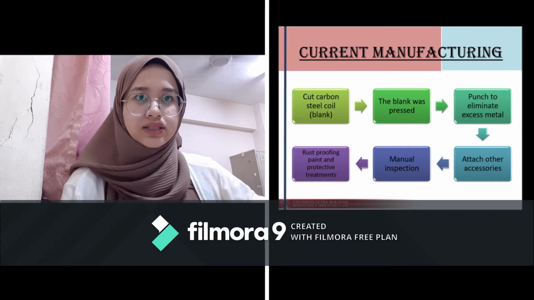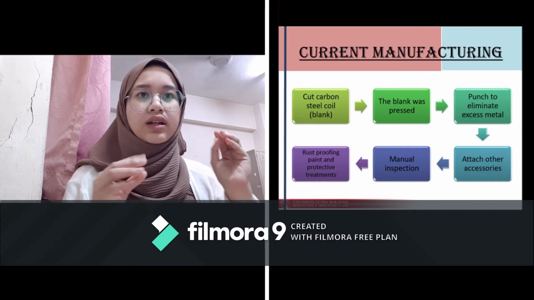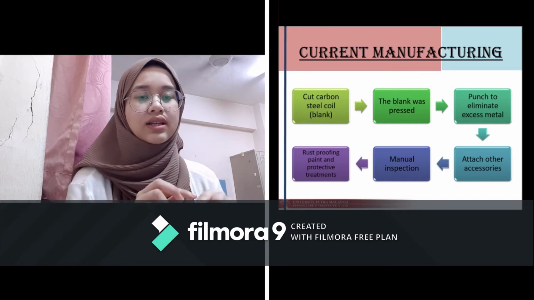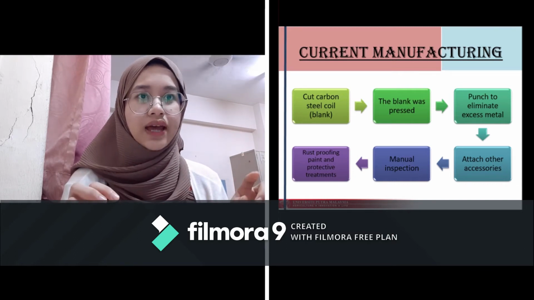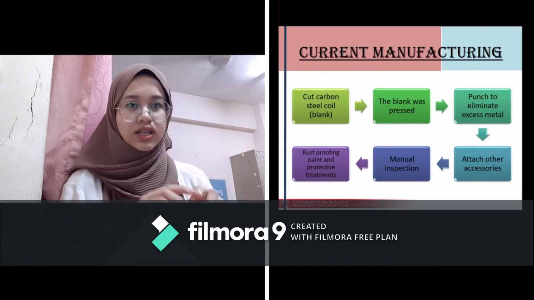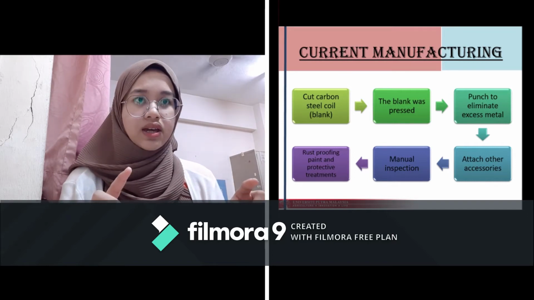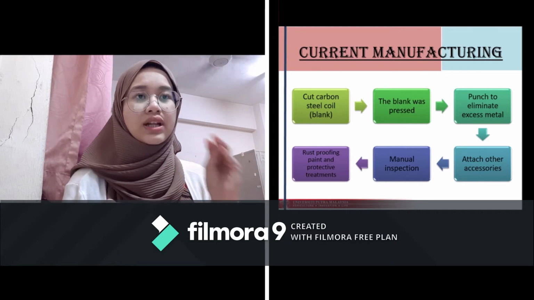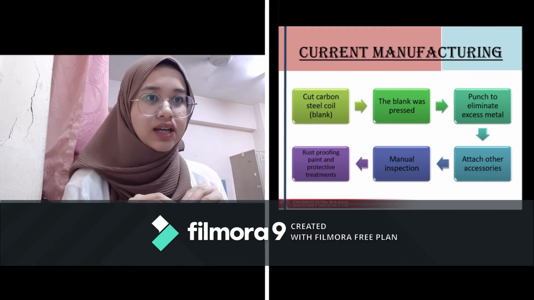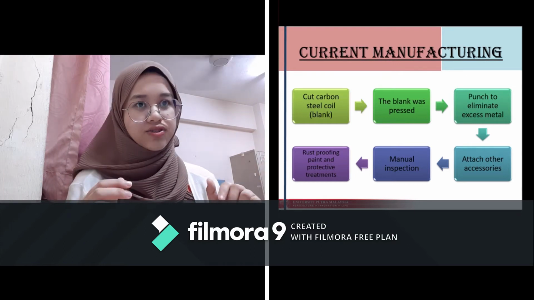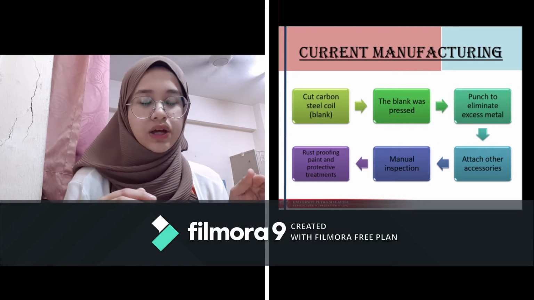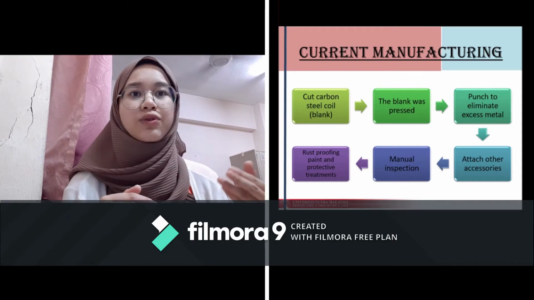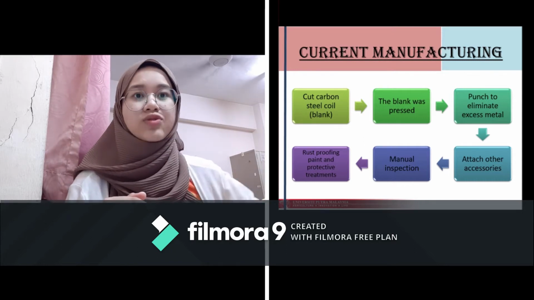First of all, we cut the carbon steel coil, or what we call a blank, and then the blank is pressed into a desired shape, and then goes through the puncher to eliminate the excess metal, and then other accessories are attached, and then it goes through manual inspection, and lastly goes through rust proofing, paint and protective treatments.